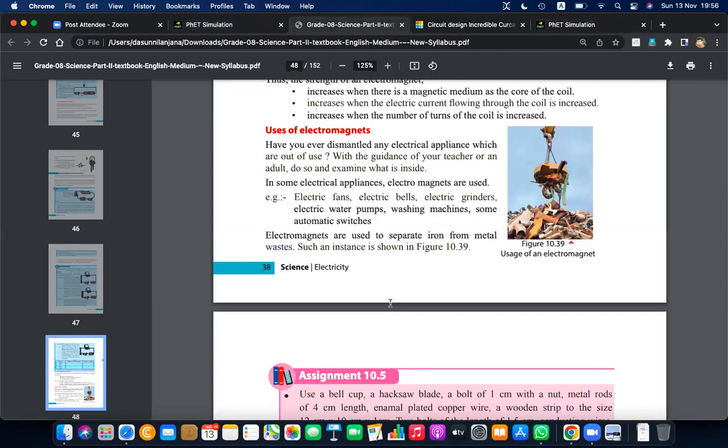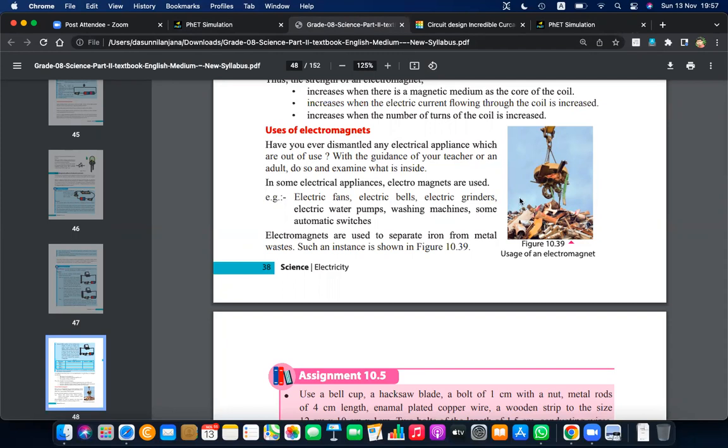Okay, so where do we use electromagnets? Electromagnets are used in places like store windows, and to separate metals from garbage. Not all metals are attracted to magnets, only some.